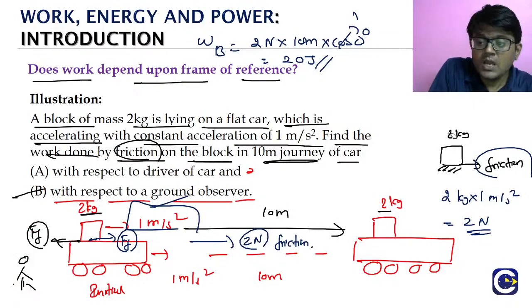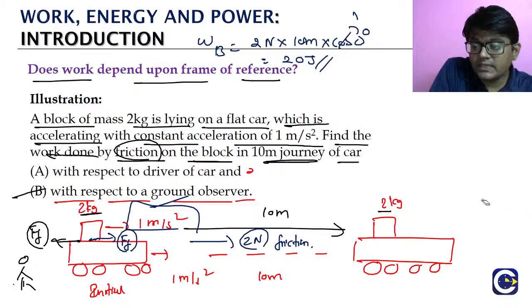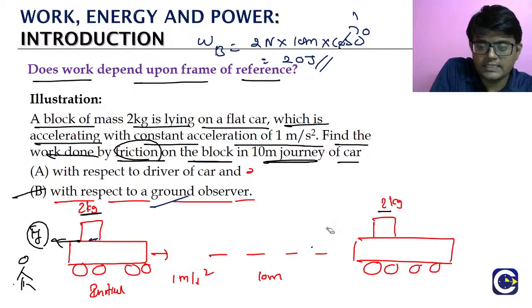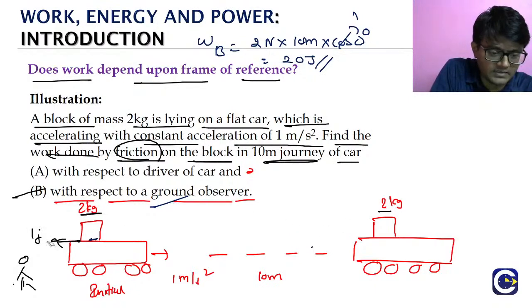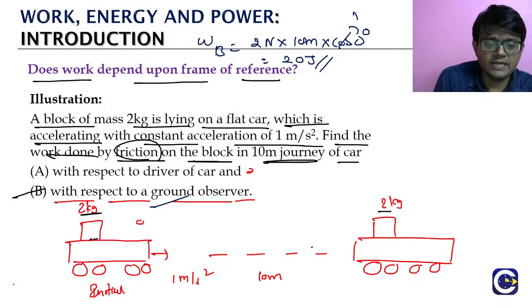Okay. Now we will look at part A: the work done with respect to the driver of the car. When you look at this motion with respect to the driver of the car, think about it. The driver is sitting here, imagine.